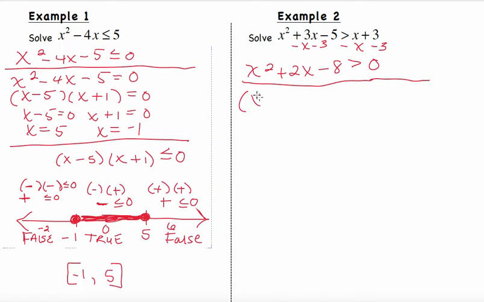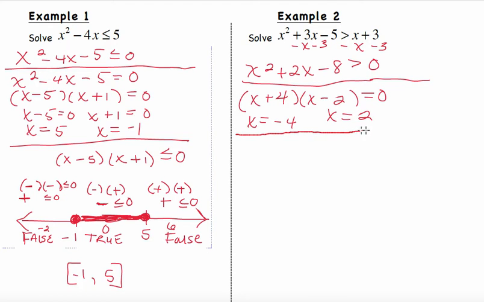We'll solve by factoring. Factors of 8 that add to 2 are 4 and 2, minus and plus. Okay, so we have each factor gets set equal to 0, and x is equal to -4, and x is equal to 2. And we're going to go ahead and plot those critical numbers on a number line.